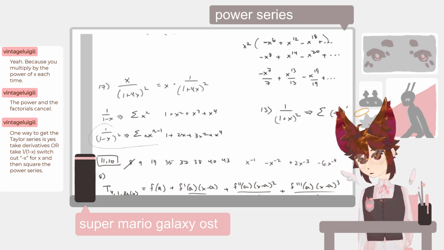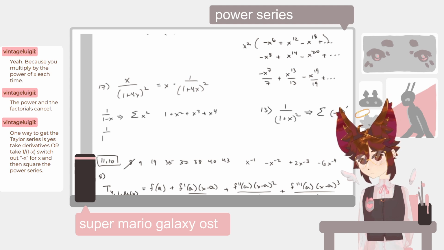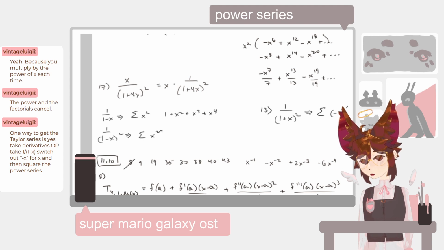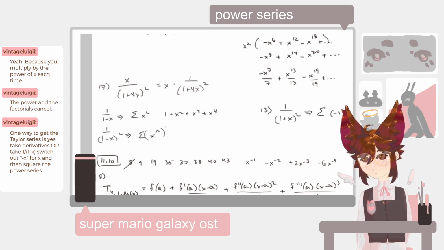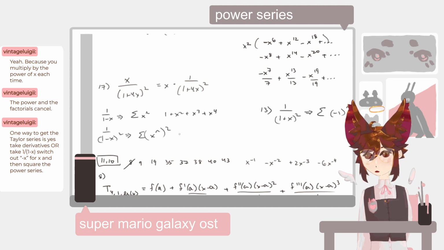I didn't know you could just square it. Like, can I just say 1 minus x quantity squared? It's not x to the n squared though, right? That doesn't seem right. I feel like that's not right.